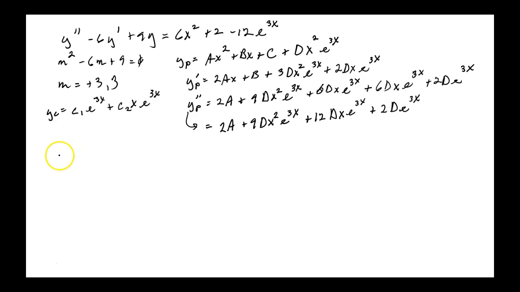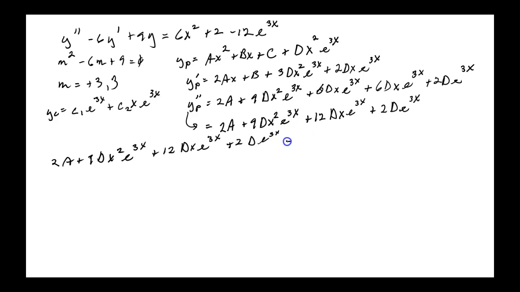All right, y double prime would be 2a plus 9dx squared e to the 3x plus 12dx e to the 3x plus 2d e to the 3x, minus 6 times y prime. So please help me on this one.